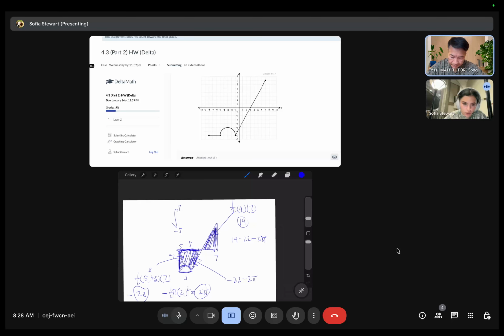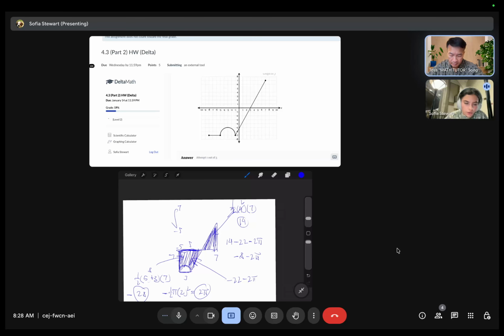What is that? Wait, it's not 1/2 times 14? No, it's 1/2 times 4. So it becomes 2. 2 times 7 is 14, right? So it'd be 14 minus 22 minus 2 pi. Whatever that is. Negative 8 minus 2 pi? Or negative 2 pi minus 8. It doesn't matter.